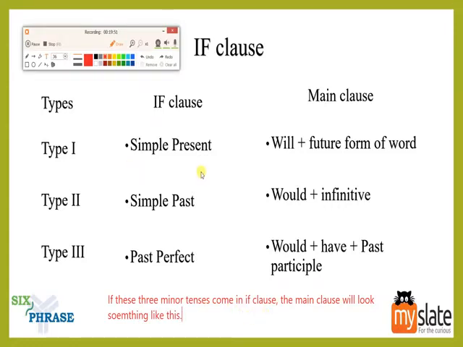So the main clause which is here will look something like this. This is an example of our type 1. It just came on its own. I didn't really think of this as an example to give you. I have other examples, but I just wanted to give you an introduction to the idea of the if clause, right? So let's look at some other examples, okay?